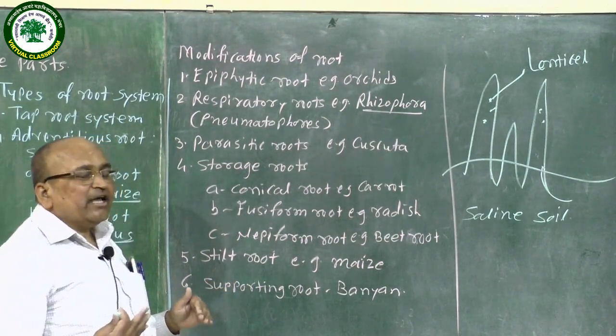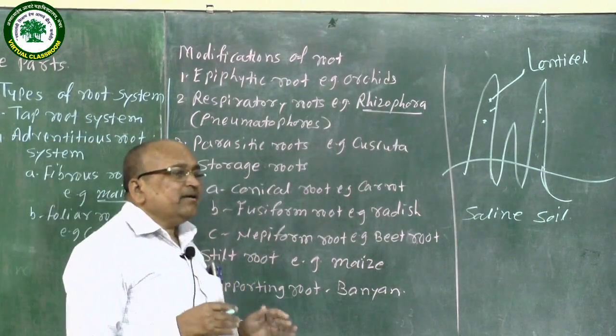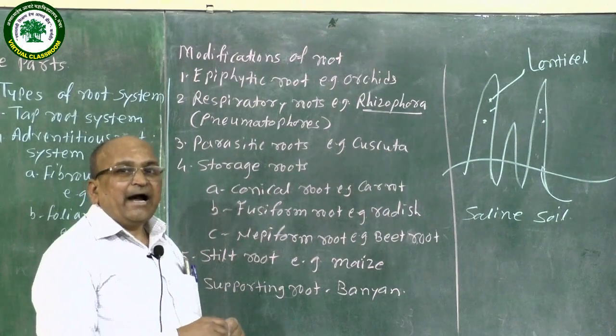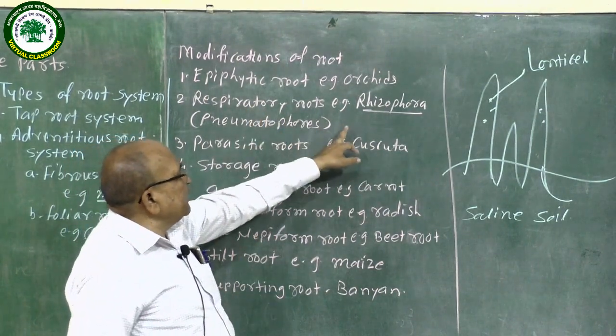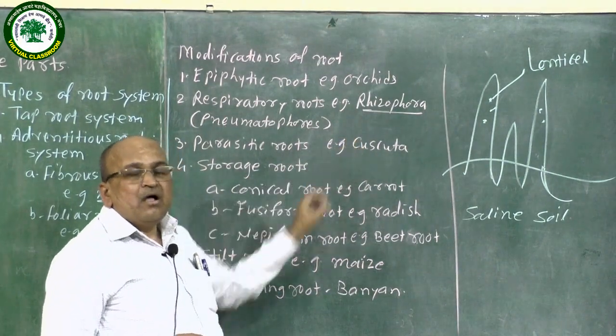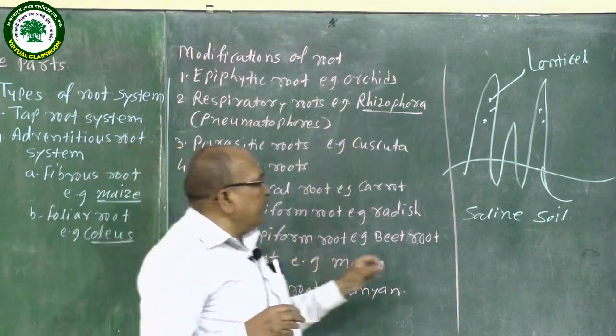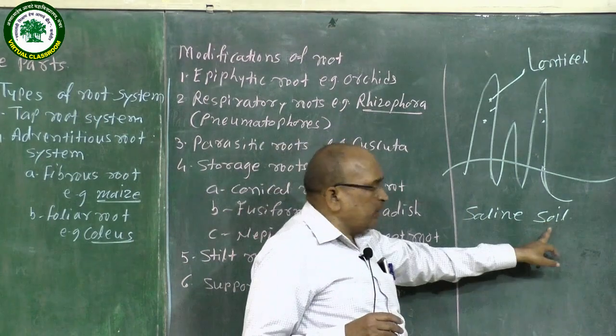These plants grow along with the tidal area, along the creek or the sea. These Rhizophora or mangroves grow in saline soil.